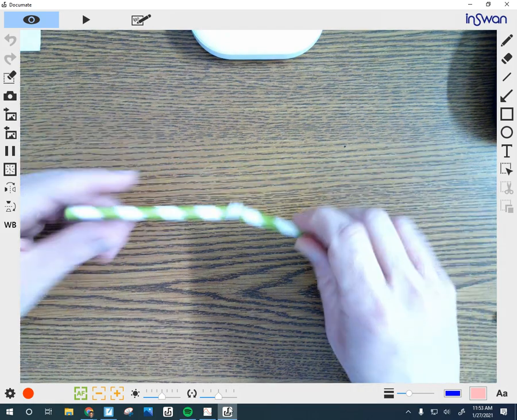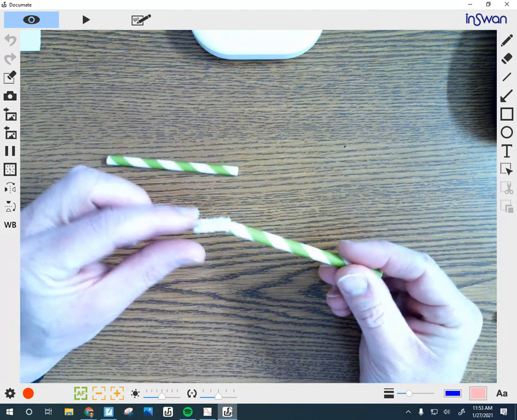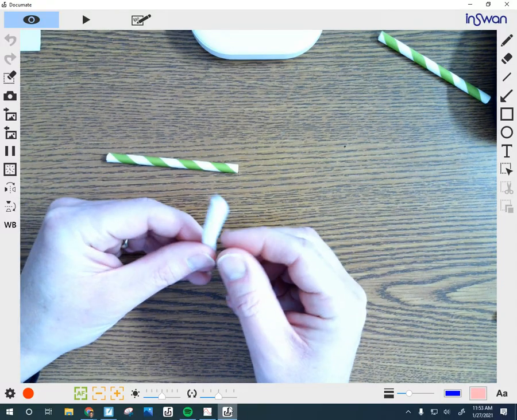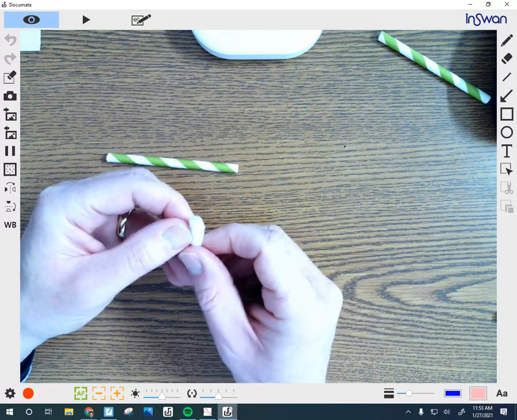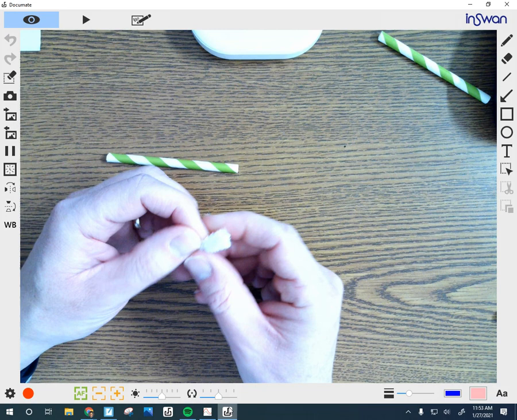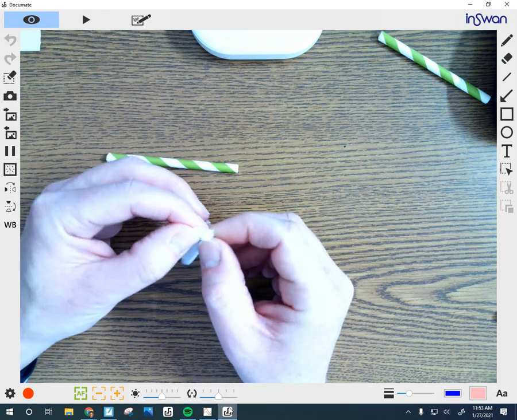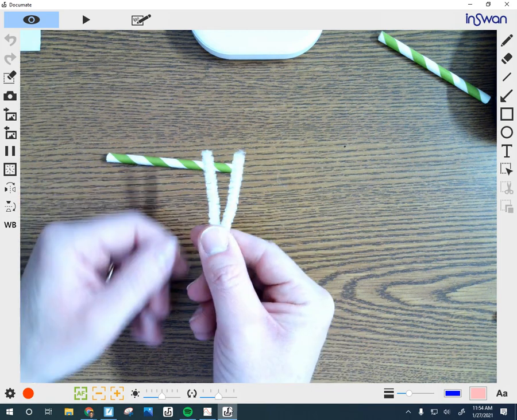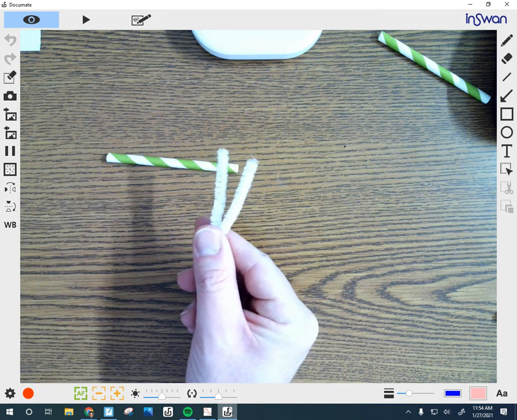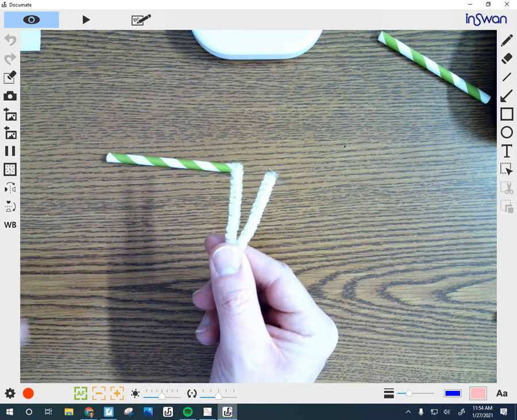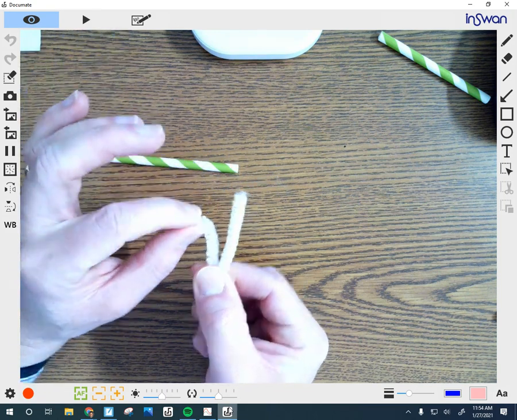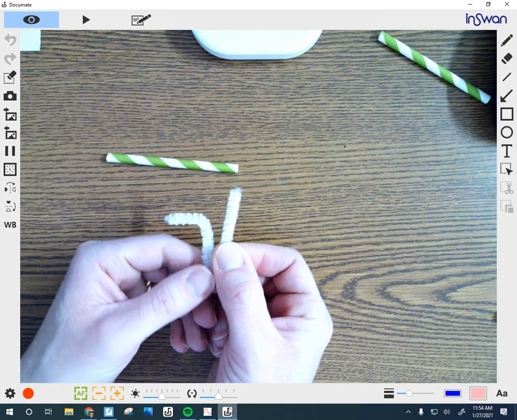All right, so we're going to take our model. We're going to go ahead and take it apart. I had my piece that I had folded over. And now I need not just 2 attachment points, I need 3. So I'm going to take the open end and just open it up a little bit into a V. And to make 3 attachment points, I'm going to take halfway up and just bend a 90-degree angle in there on that side and the other side.